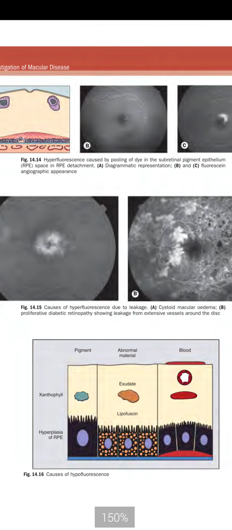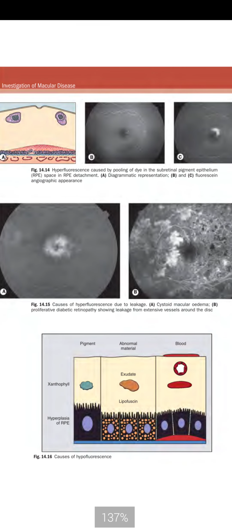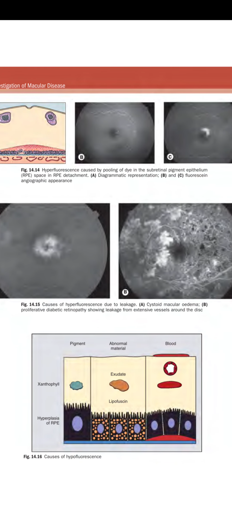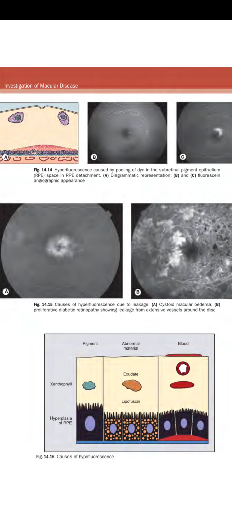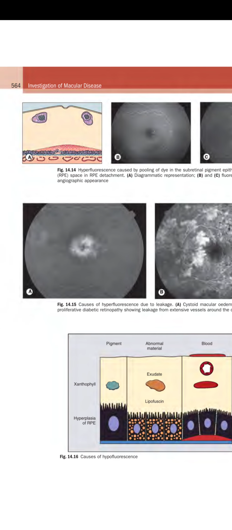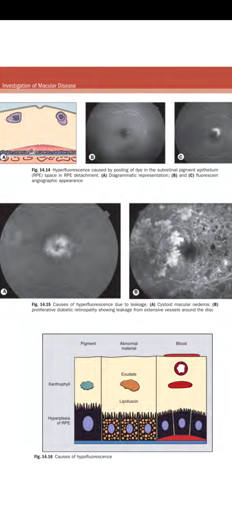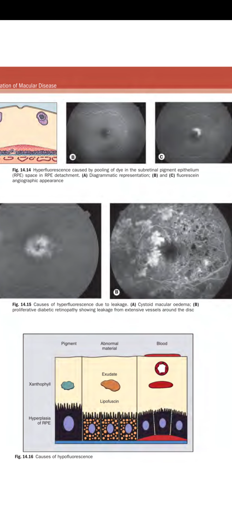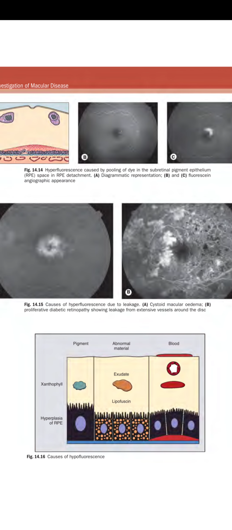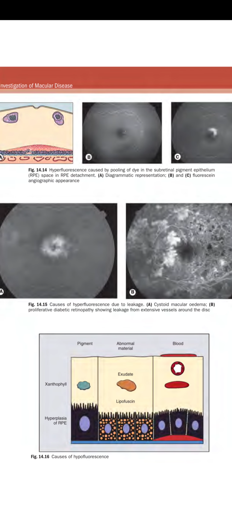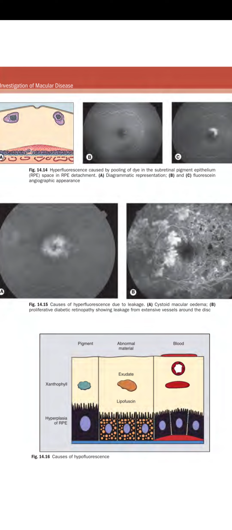This is figure 14.14, hyperfluorescence caused by the pooling of dye in the sub-RPE space in RPE detachment. A is showing a diagrammatic representation, B and C are showing the fluorescein angiographic appearance. Figure 14.15 shows the causes of hyperfluorescence due to leakage.